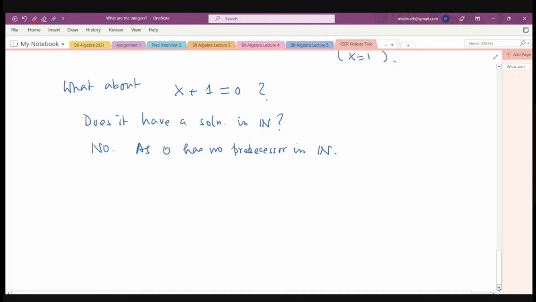In mathematics, whenever people get stuck, trying to solve an equation and not being able to do it within that framework, they try to expand the system, to embed the existing system into a bigger one where it has a solution. A nice example is complex numbers.